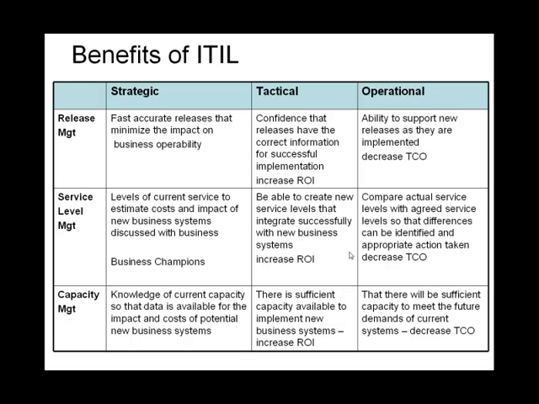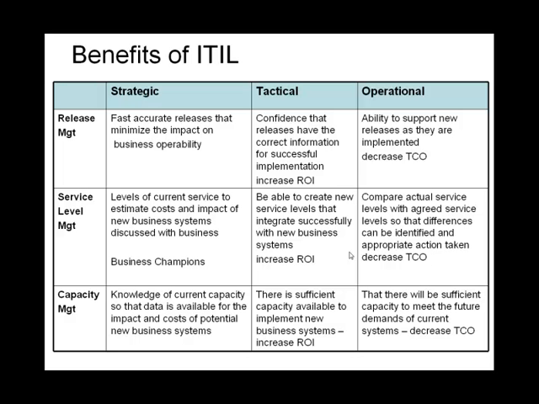So let's take capacity management. This is an area that is quite often overlooked and can be the most powerful and influential process of all of them. Capacity management and the strategic layer, they will have the knowledge of current capacity so that data is available for the impact and costs of potential new business systems.